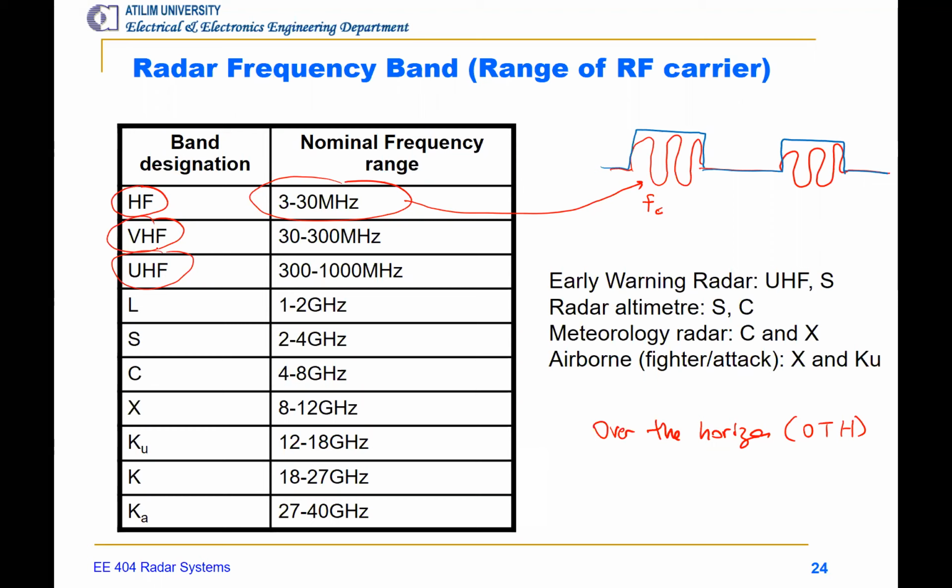They simply use S and C band. And here we see early warning radars. In meteorology radars, we usually have C to X band.